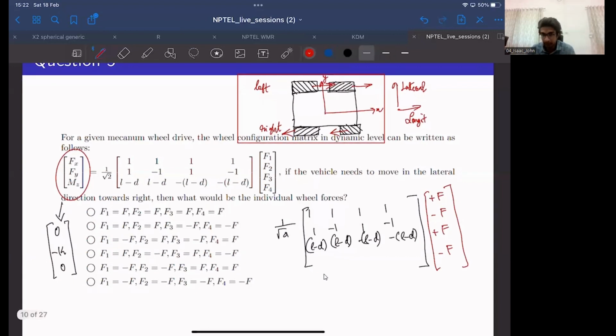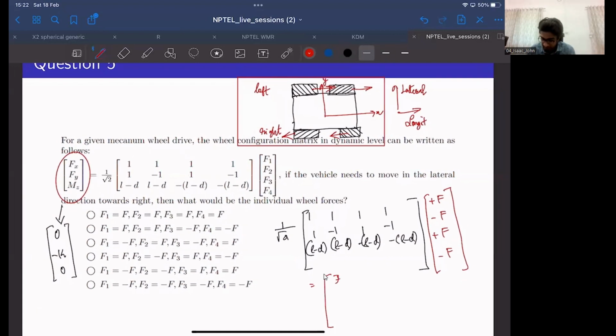If you simply multiply this matrix through, the first row would be F minus F plus F minus F. The second row would be F plus F plus F plus F. The third row would be F times (L minus D) minus F times (L minus D) minus F times (L minus D) plus F times (L minus D).